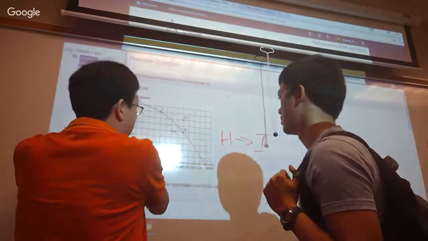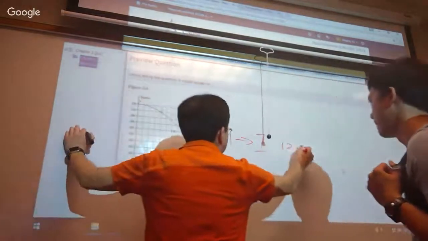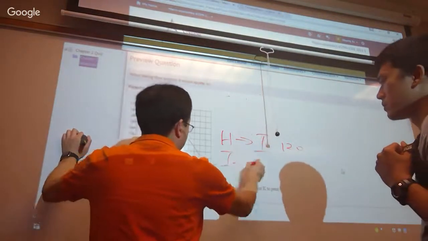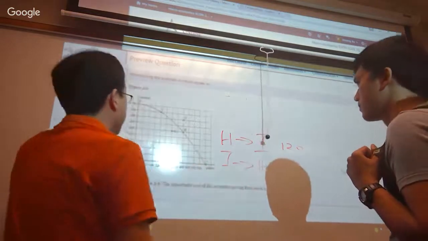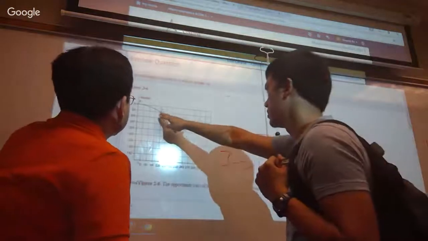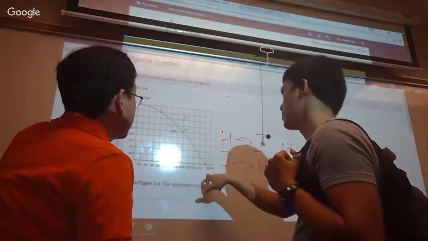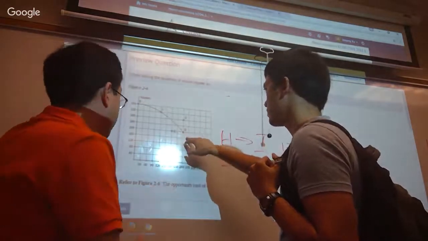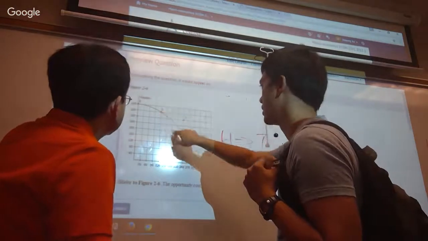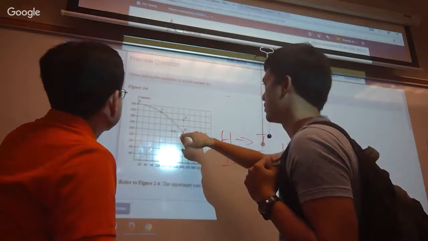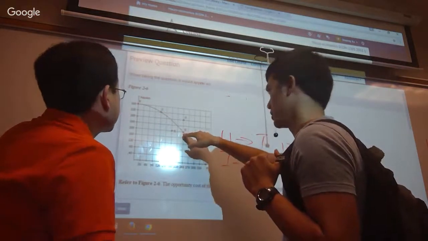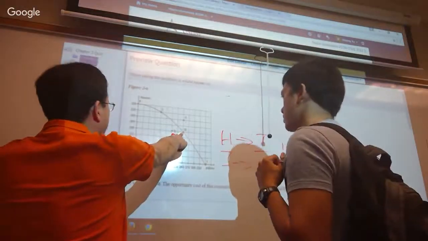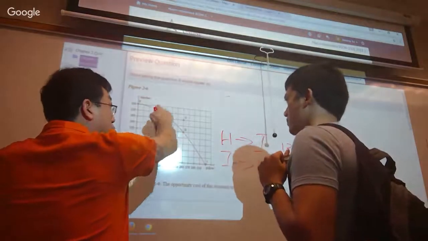I is only 120, so you lose 120. If you go from I to H, it's the opportunity cost for blankets. Because remember, it's always what you give up, right? So you're going to give up like 320 to 200. So do I lose 120 or do I lose 200? You're going to have 200, but you had 320 before, so you lose 120.